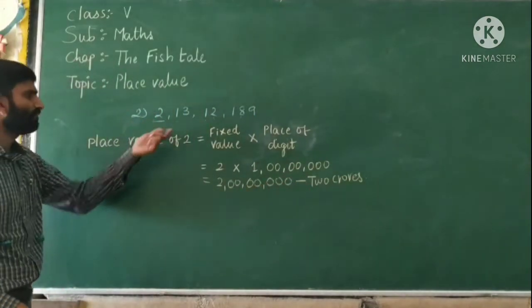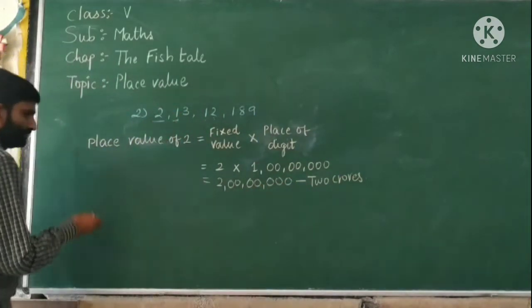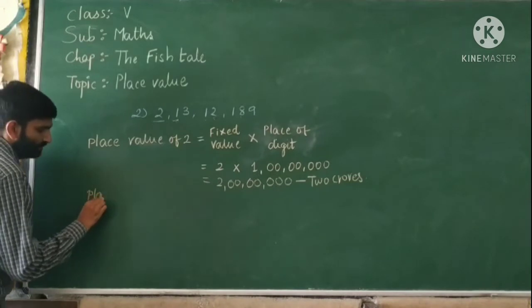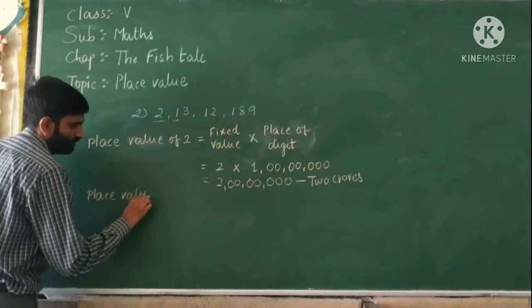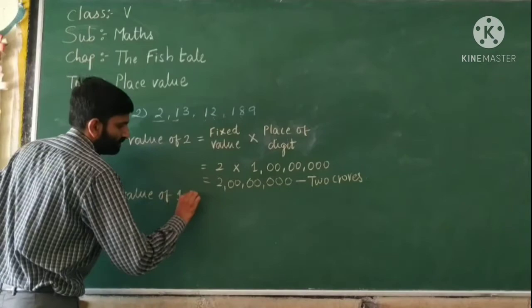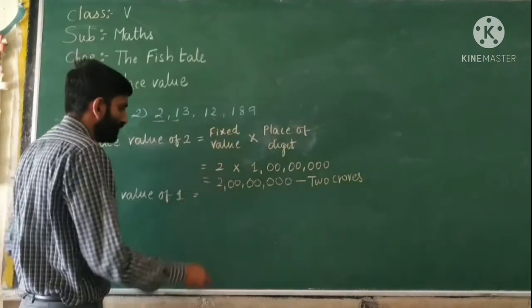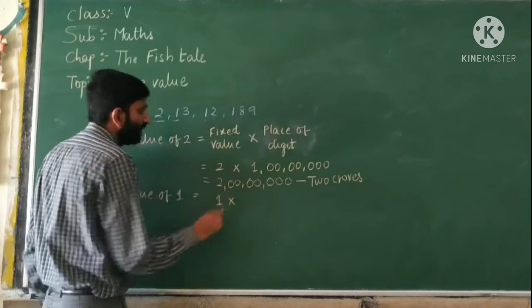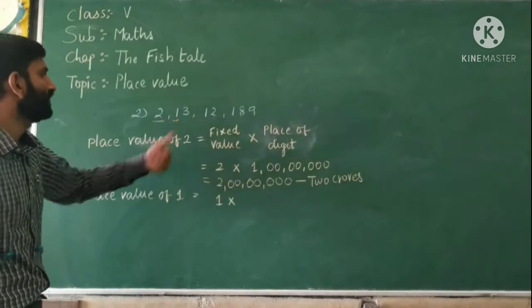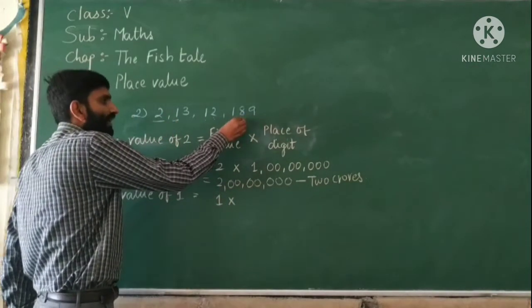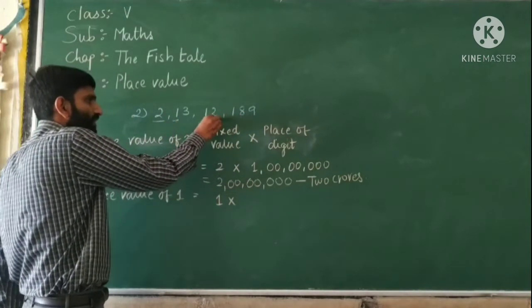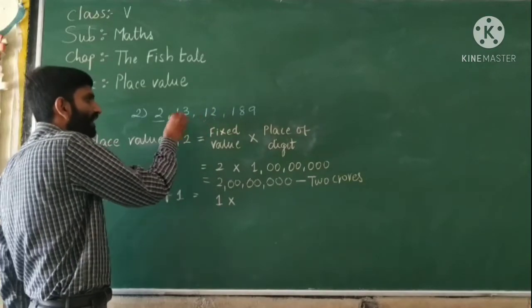Okay. Now we will find out the place value of 1. What is the fixed value of the number? It is 1. Now the place of the digit: ones, tens, hundreds, 1000, 10,000, 1 lakh and 10 lakh.